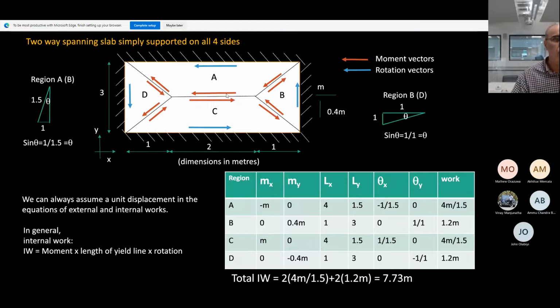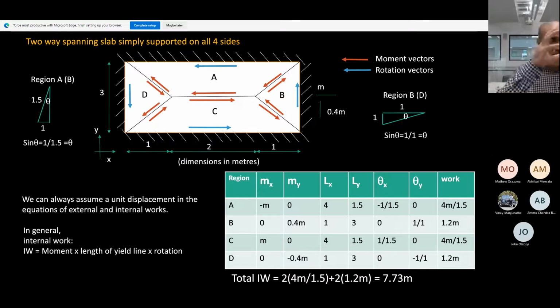Do you agree that these 2 vectors, when you project on the y-axis, give you 0 as well, because one is down and one is up? The projection of this vector on the y-axis is down, and this one is up, and because they are equal, you have 0. That's the sum of these 2 vectors. For each region, you take the moment vectors and project them on the x-axis.